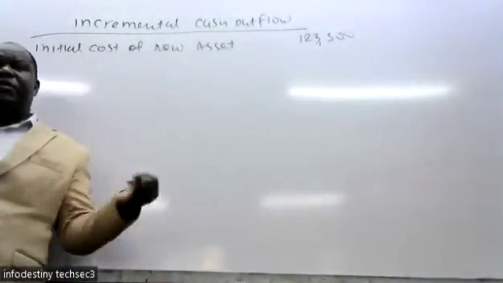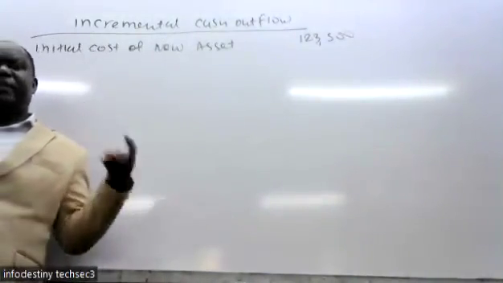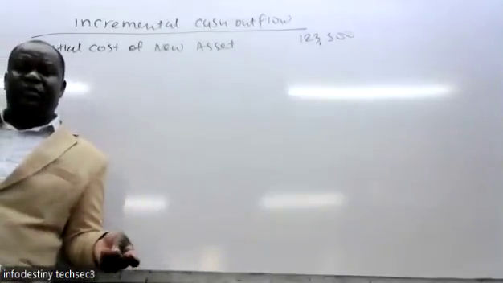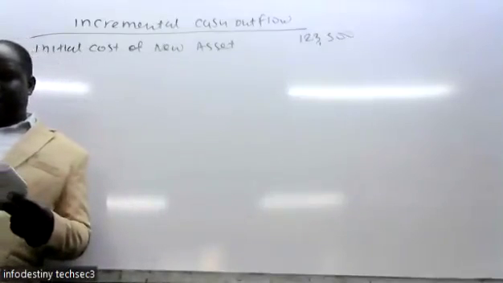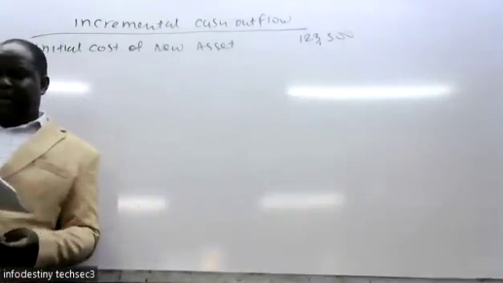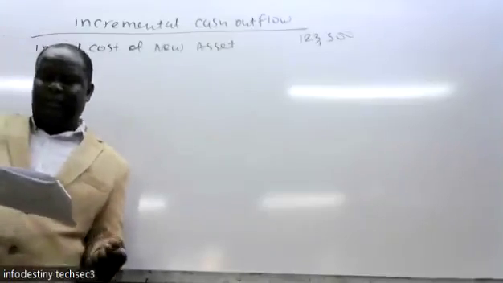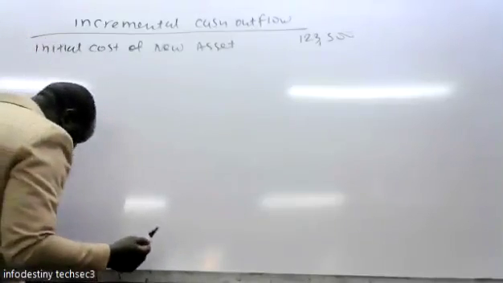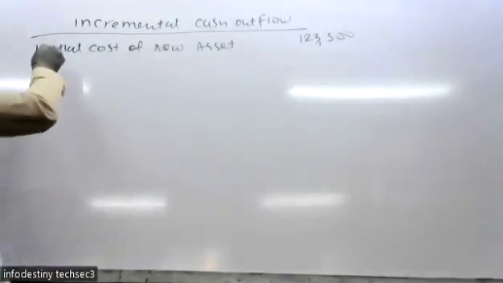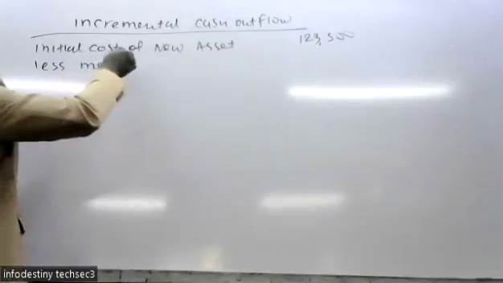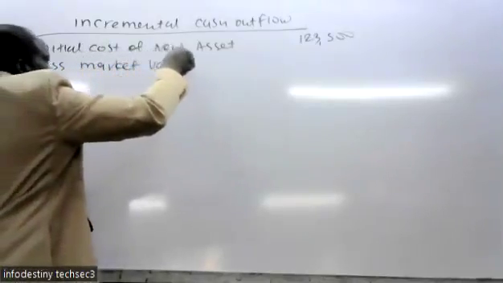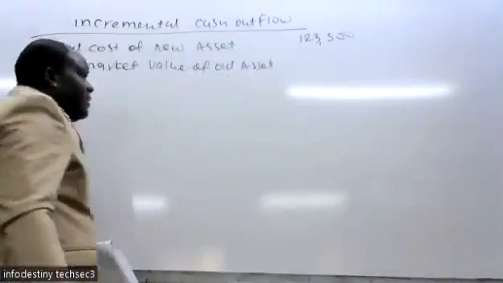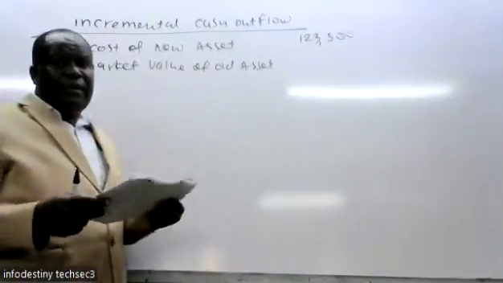The question had no changes in the working capital, we just ignore. The question had no overhaul cost, we just ignore. The only other item I can see is that we less the market value of the old asset.